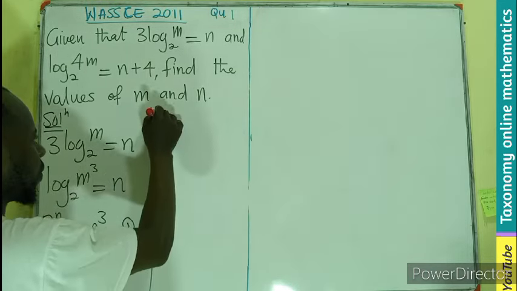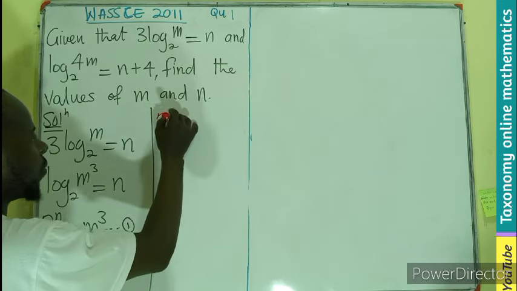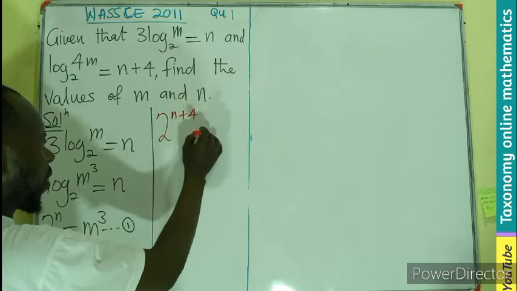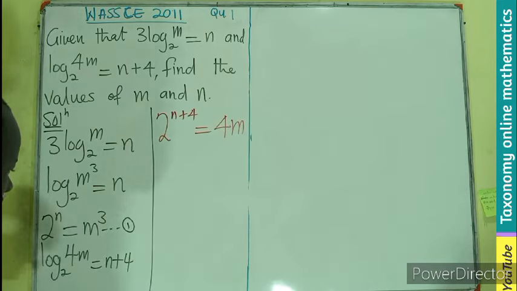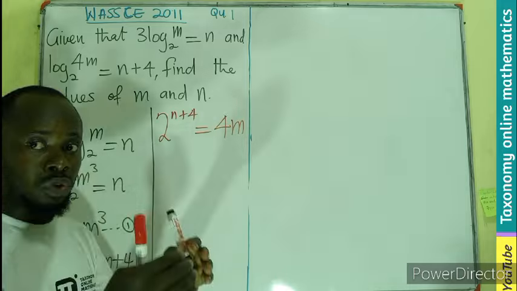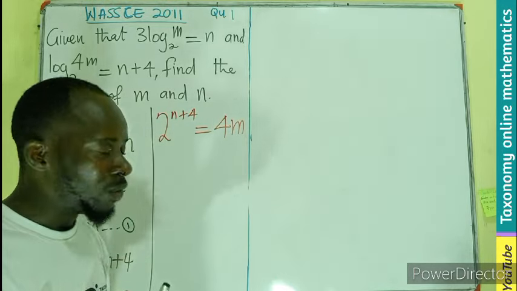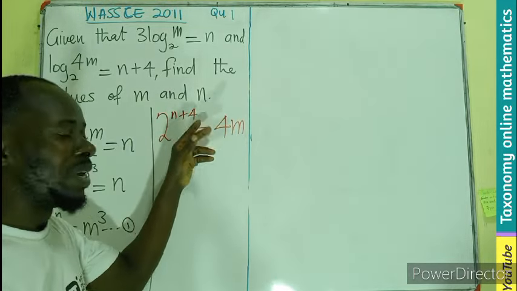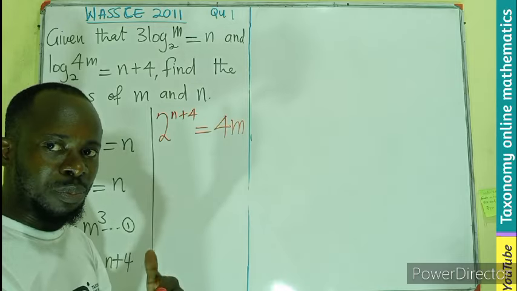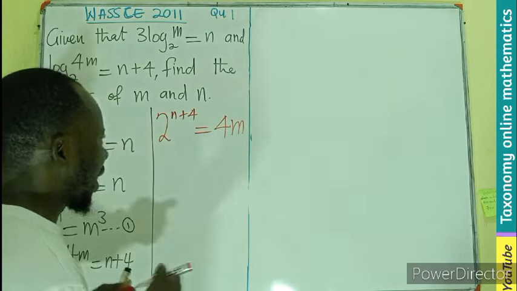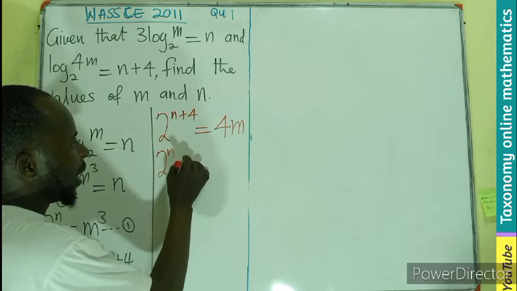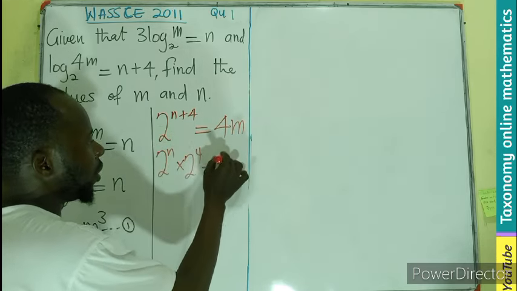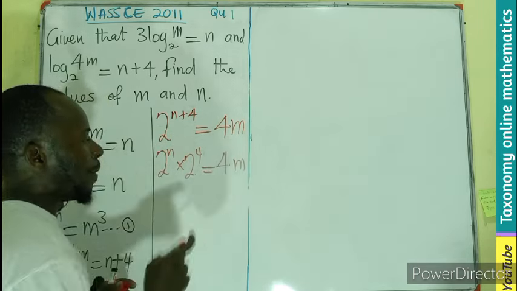So I'll be having 2 exponent n plus 4 equals 4m. Then, if I have the powers being added, it means the bases were previously multiplying. So I can also rewrite this as 2 exponent n times 2 exponent 4 equals 4m.